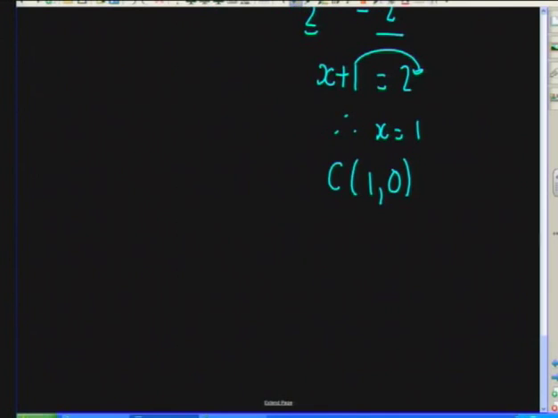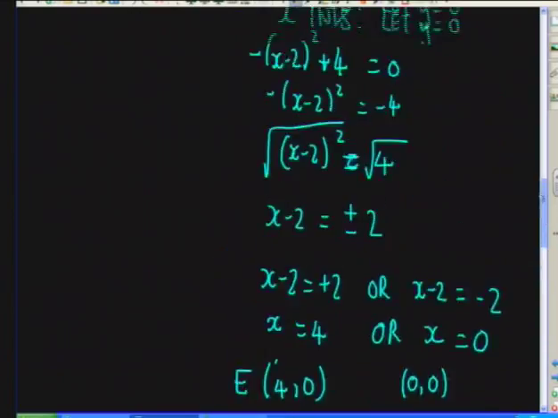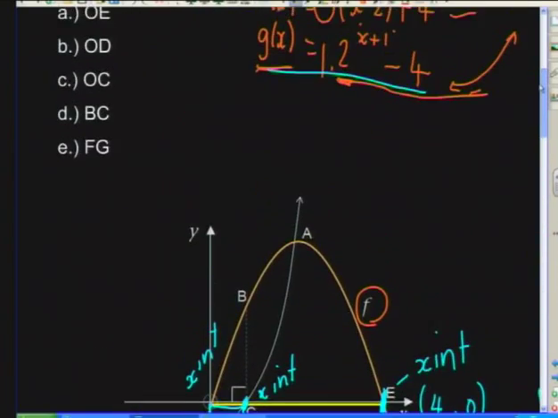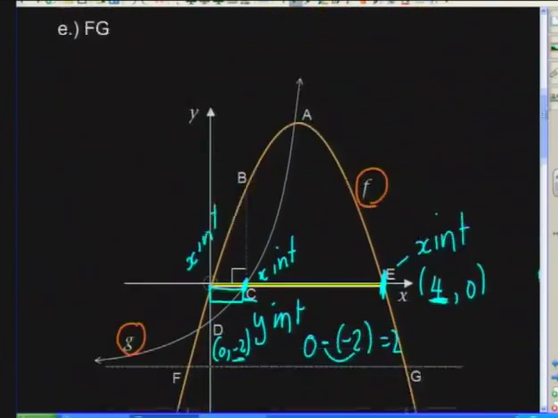So the distance from O to C, remember O was the origin, is simply going to be 1 unit. It's the distance from (0, 0) to the point (1, 0), which is just 1 unit.